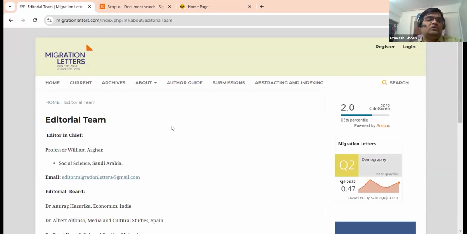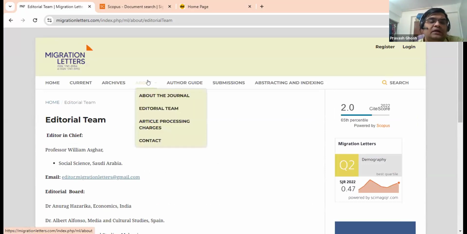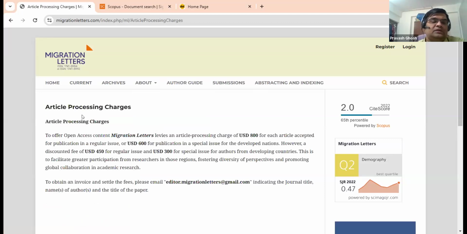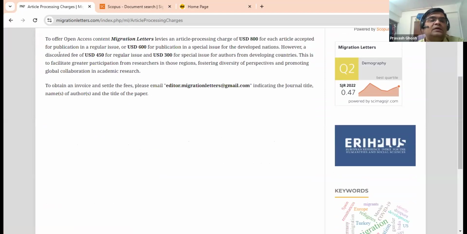Number 2, in the editorial team there is nothing. So I am showing you a live predatory journal. Next, APC, article processing charge. To offer open access content, Migration Letters levies an APC for each accepted paper, with a discount for special issues. They give discounts just like a marketplace, to attract research scholars.